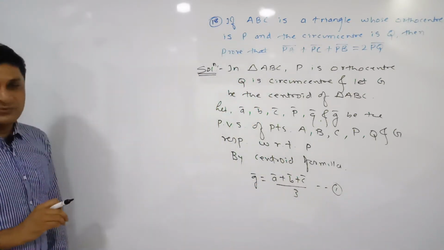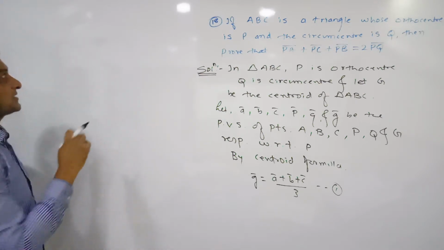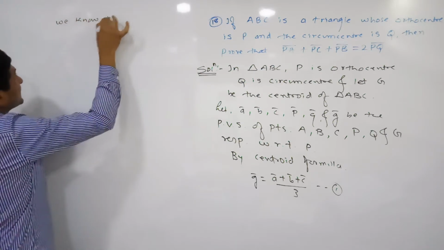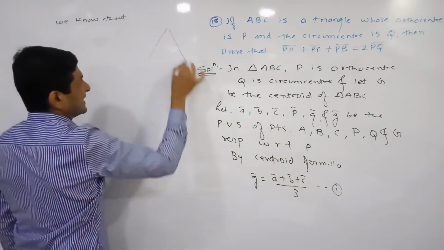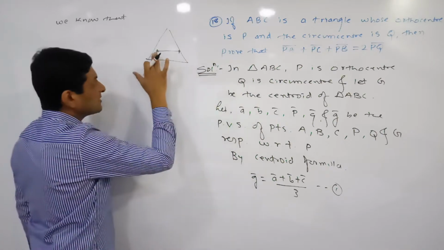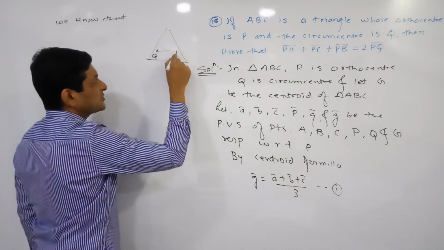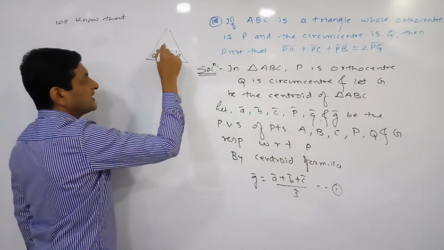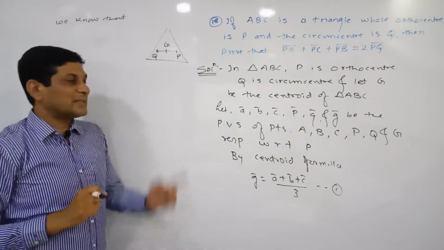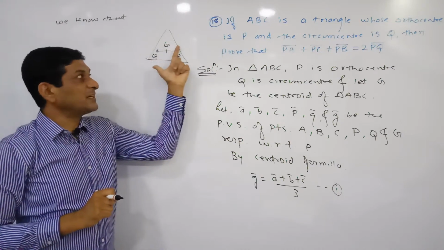One important result which we have studied in earlier classes, which we have to use in this example: in a triangle, somewhere we get the circumcenter, denoted here by Q. Somewhere we get the orthocenter, denoted here by P. And somewhere we get the centroid, denoted by G. Always remember that the centroid divides the segment joining the circumcenter and orthocenter.